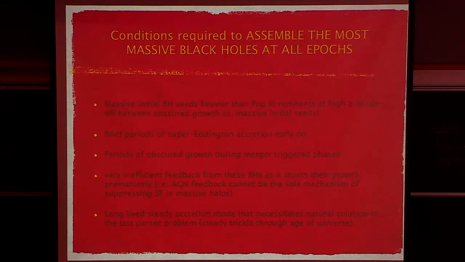It appears that a long-lived steady accretion mode is a must, needed throughout cosmic time. So I'll just stop there. These are what have emerged as challenges to seed formation models, whether you start with light seeds or with massive seeds. And the issue with massive seeds is that the requirements are less stringent compared to light seeds. So I should just stop here.